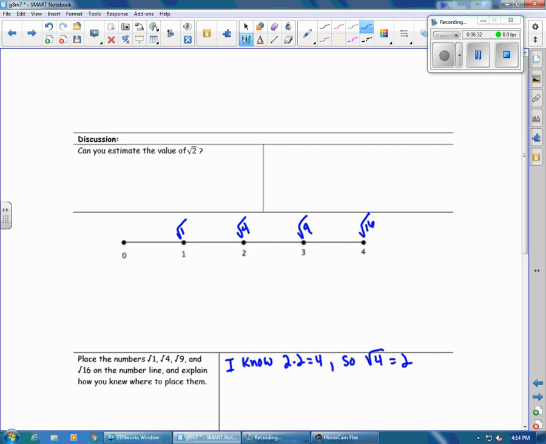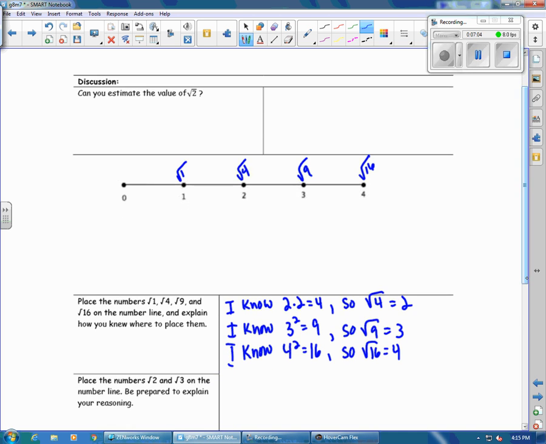So if I'm explaining all of these, I would write, I know 3 squared, or 3 times 3 is 9, so the square root of 9 is 3. Square rooting undoes it.